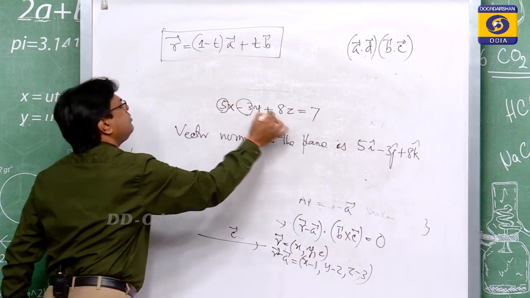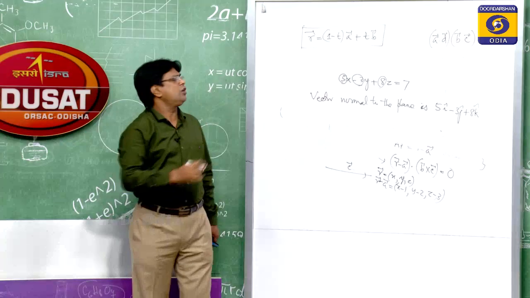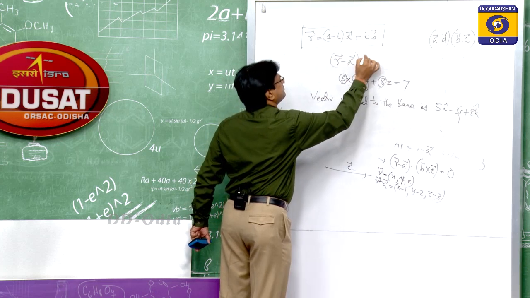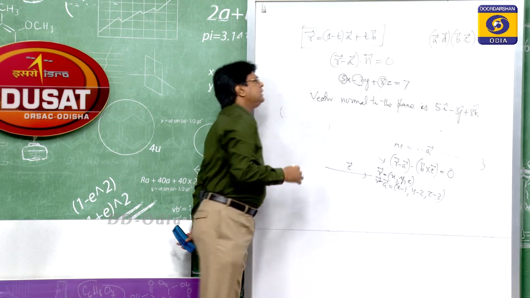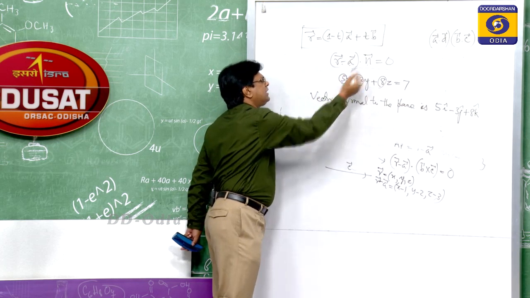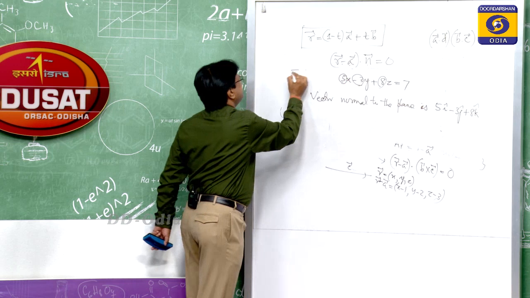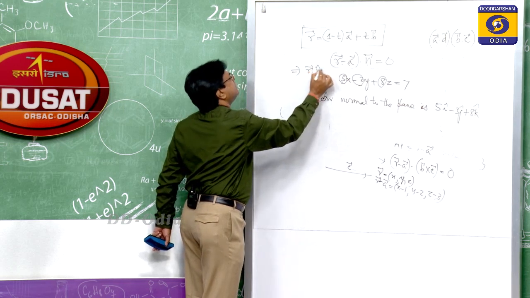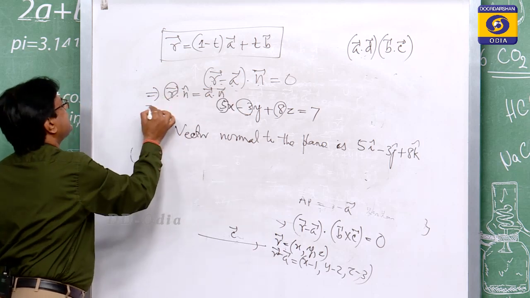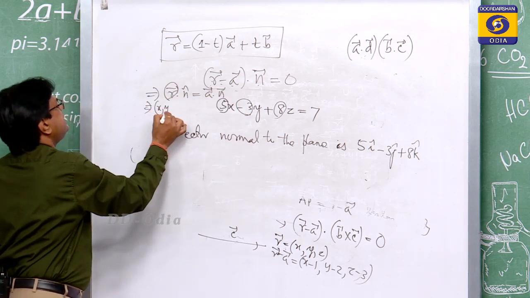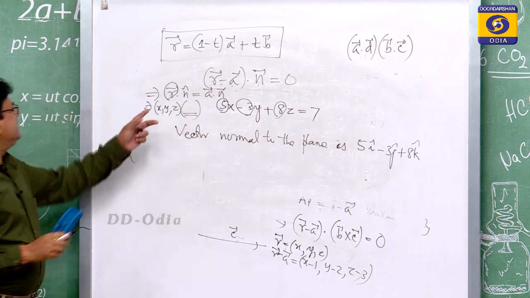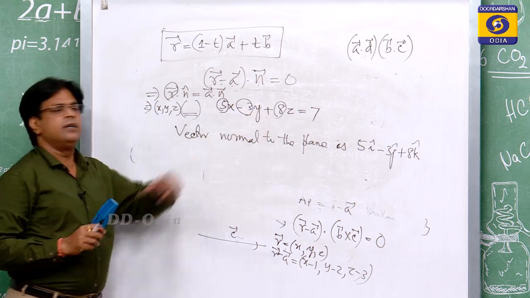You only have to find these components, because (r minus a) dot n is equal to 0. So, r dot n minus a dot n is given. Here r means x, y, z, and we have to find the vector, which is why 5x minus 3y plus 8z.